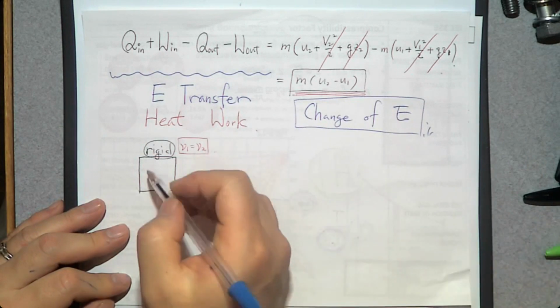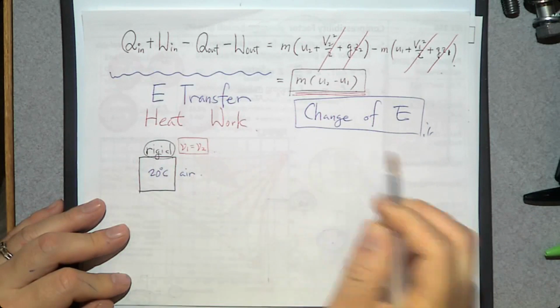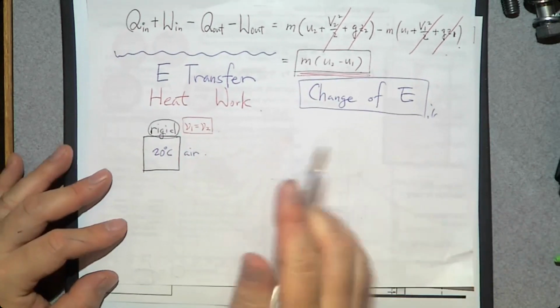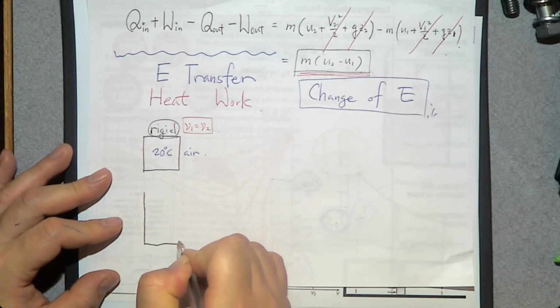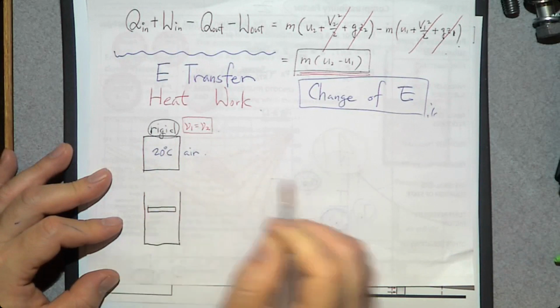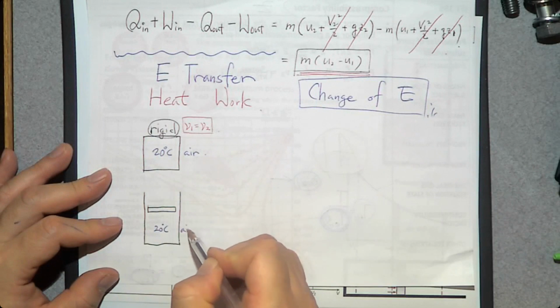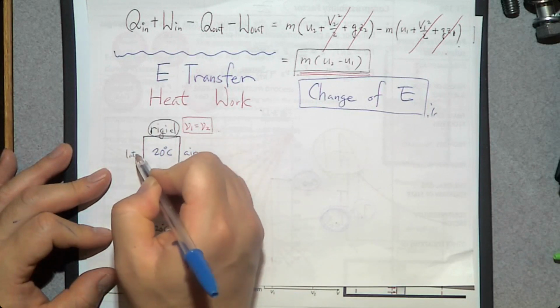Initially it has 20 degrees Celsius air. And now I'm going to prepare another container, but this time it looks like a piston cylinder device. It has 20 degrees Celsius air, 1 atmospheric pressure.